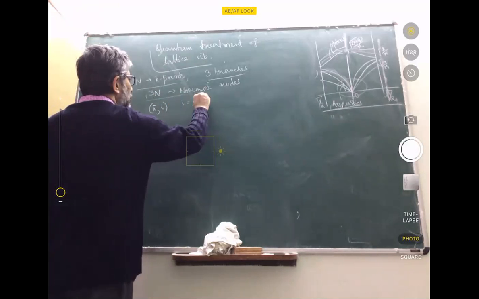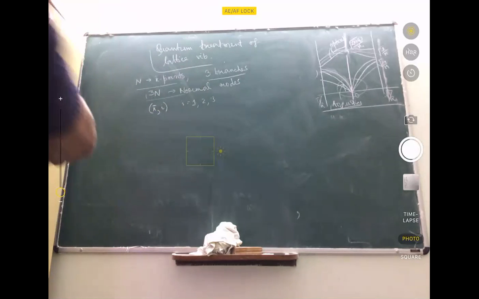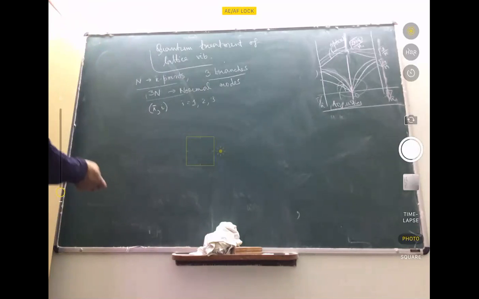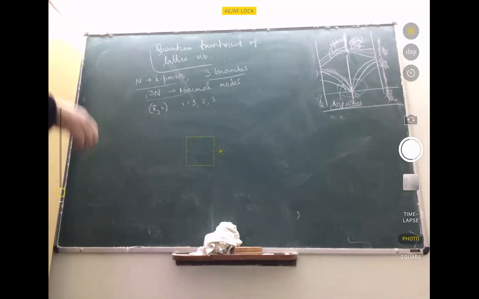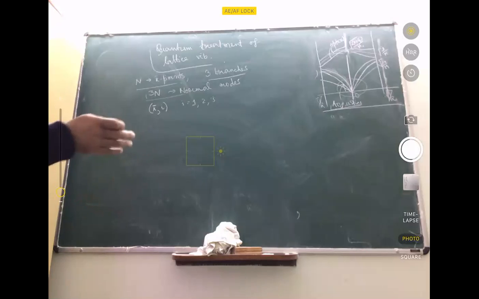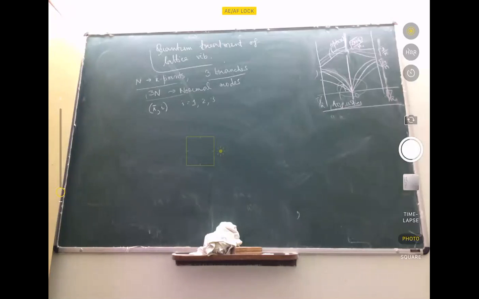Because these are independent oscillators, we can calculate the contribution due to one of them and sum over all these modes. So the basic calculation is straightforward. As I said, it's a simple exercise in statistical mechanics. But after that, when we calculate specific heat in various limits, and particularly at intermediate temperatures, that's where further physical approximations come in.